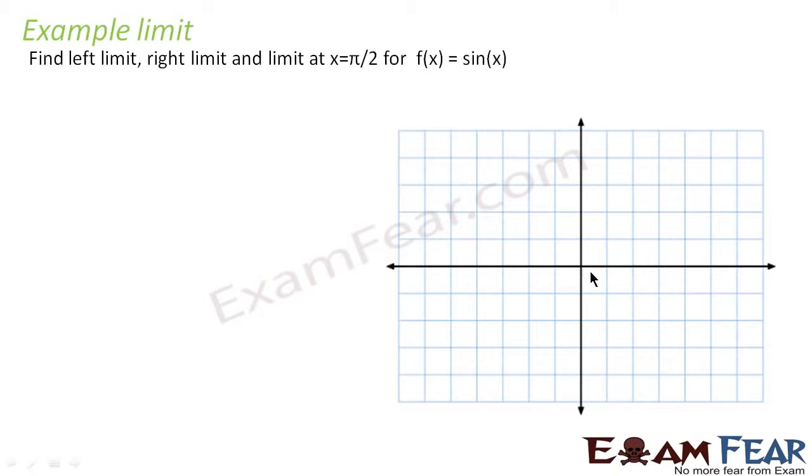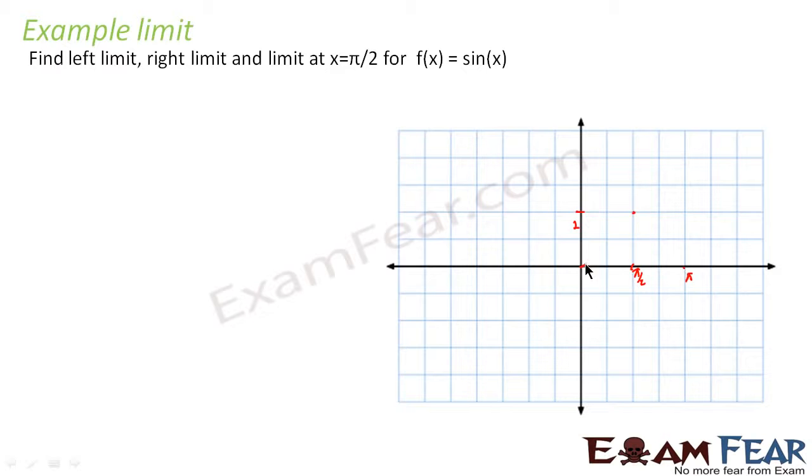Here we have to find the left limit, right limit and limit at x equal to pi by 2 for sin x. So this is 0, and let me assume this is pi by 2. You know that sine 0 is 0, sine pi by 2 is 1, so let me suppose this is 1. And then again sine pi is 0.